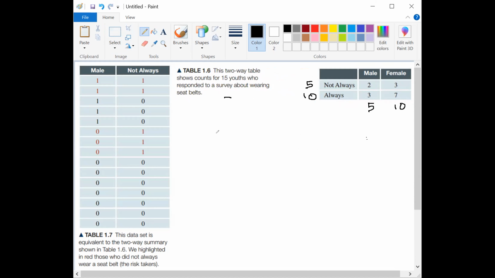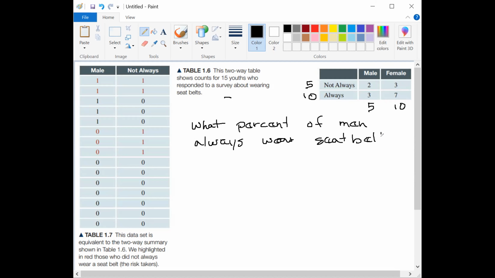So we could go through and say, what percent of men always wear their seatbelts? And so to figure that out, you go to this. So we've got 3 always wear their seatbelts. There's 5 total.